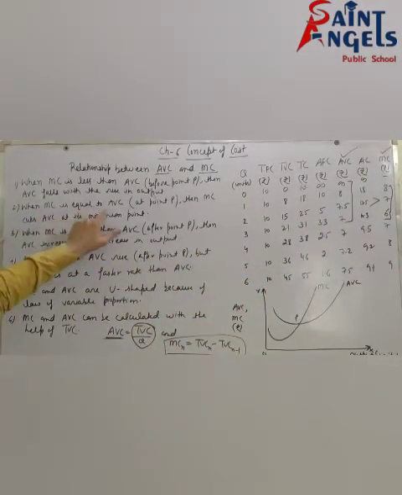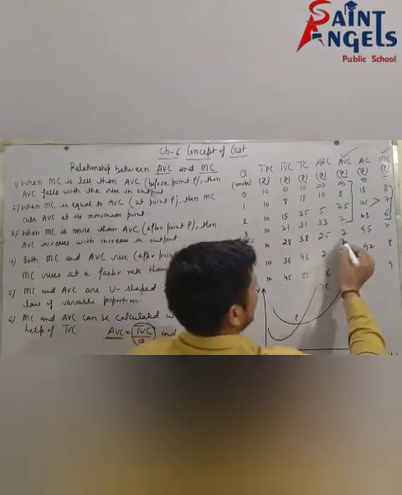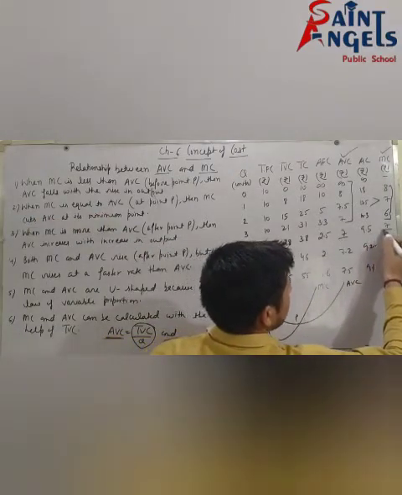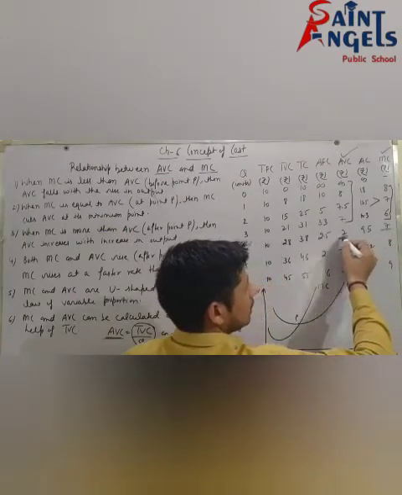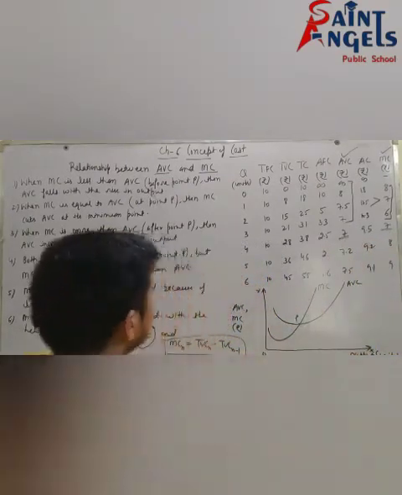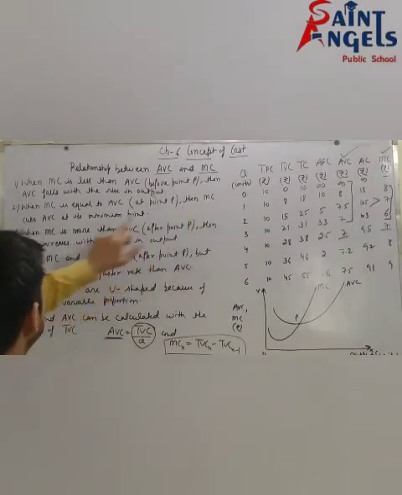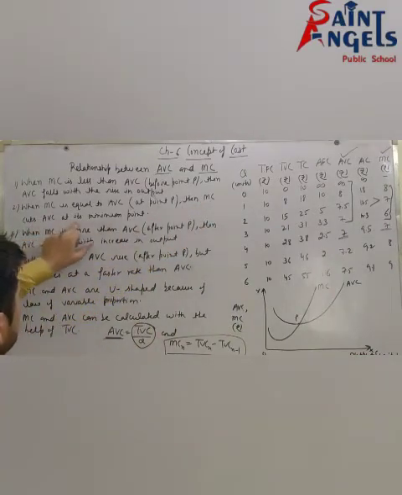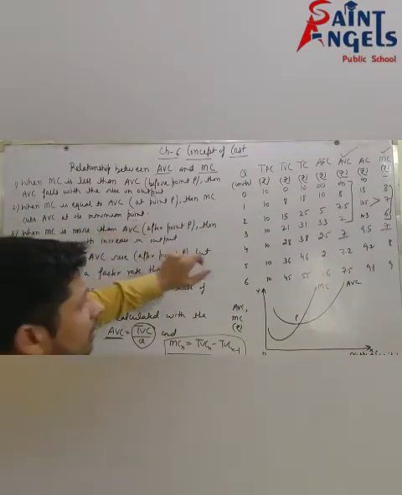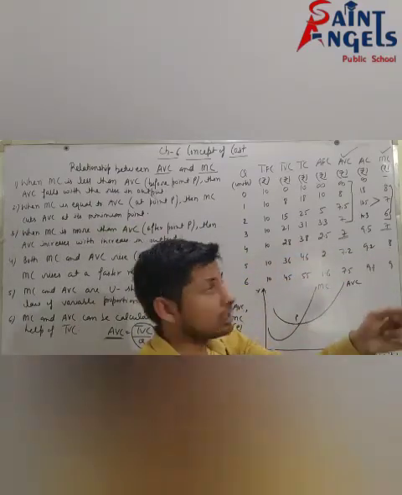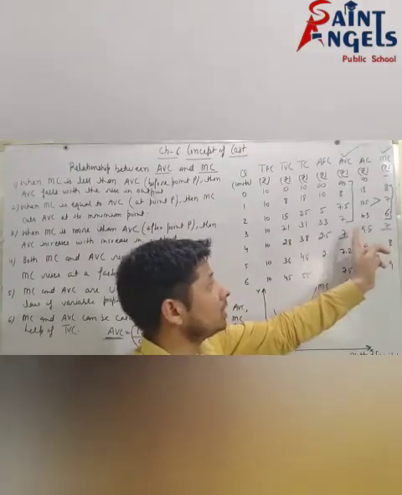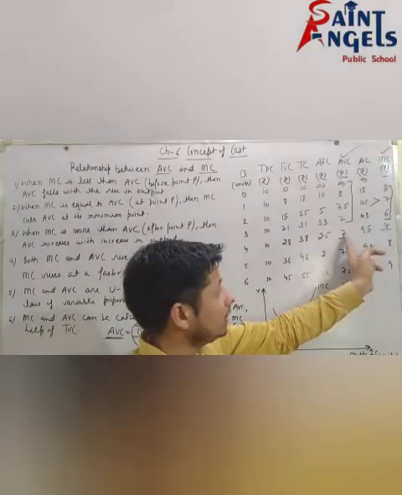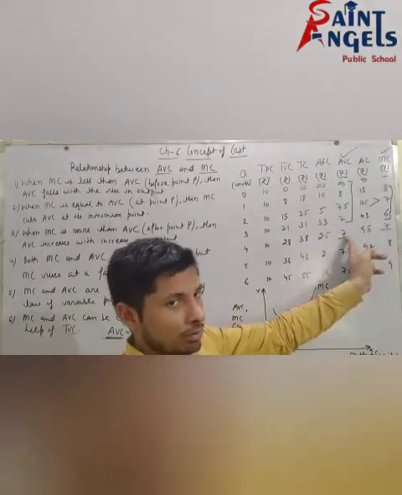When MC is equal to AVC, then MC cuts AVC at its minimum point.